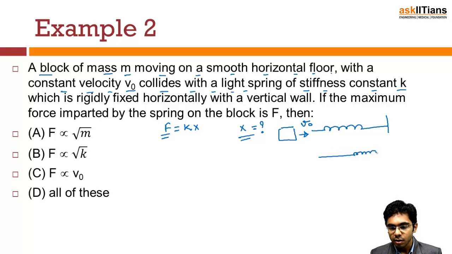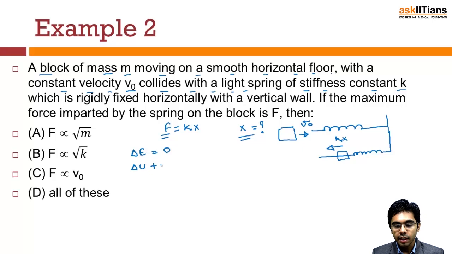The spring got compressed, the block is over here, so the force on the block will be kx. What do we know? The change in mechanical energy is 0, or else we can write delta U plus delta kinetic energy is equal to 0.